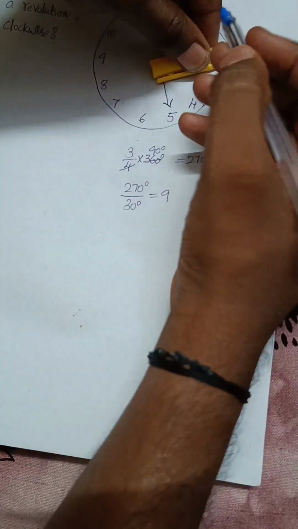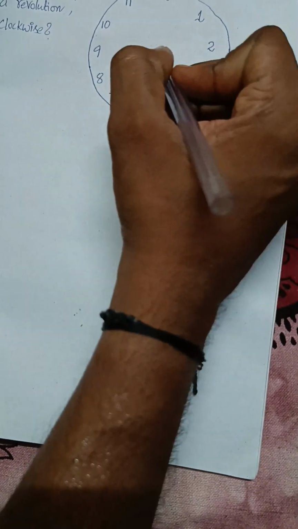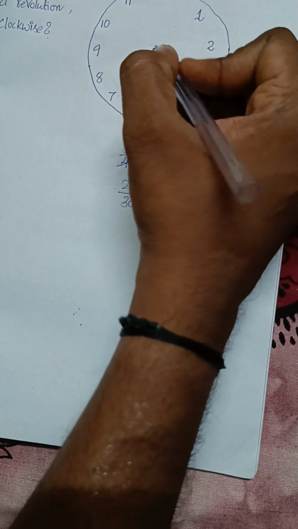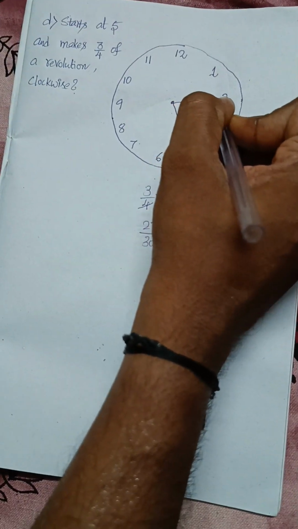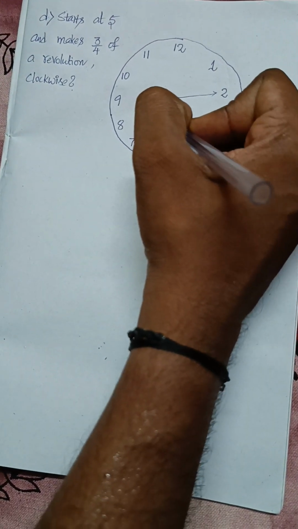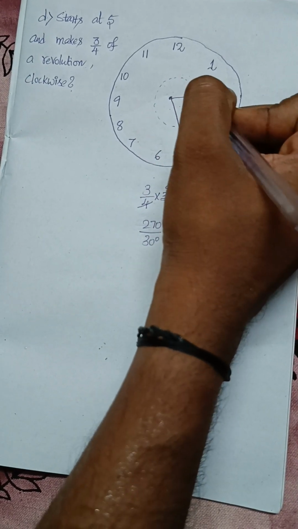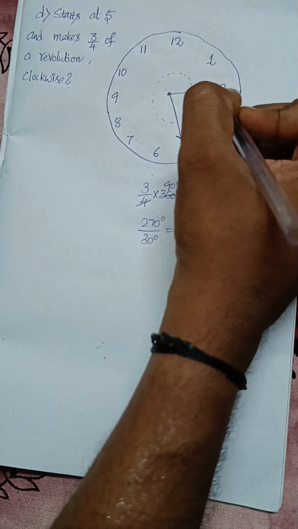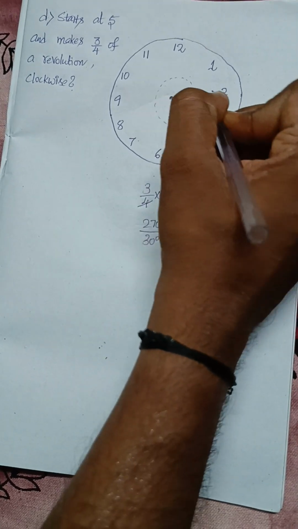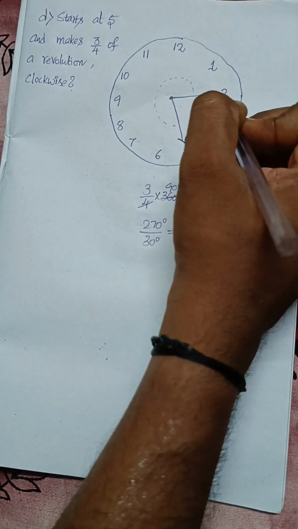After turning an angle of 270 degrees, it must stop at 2 o'clock. The answer for this question is 2 o'clock.